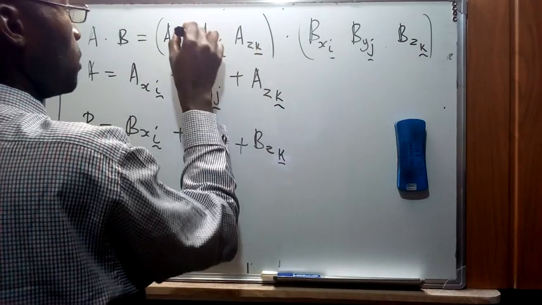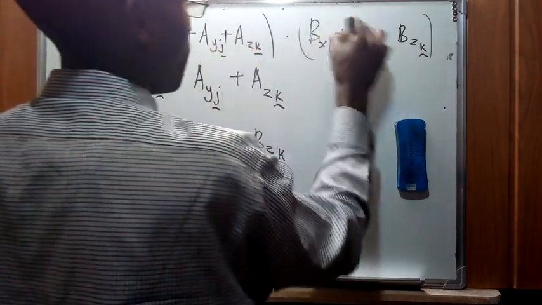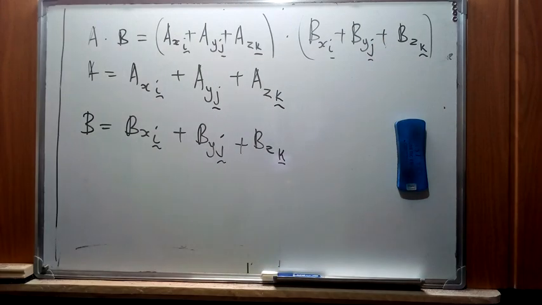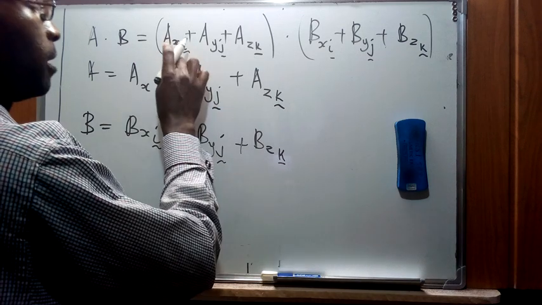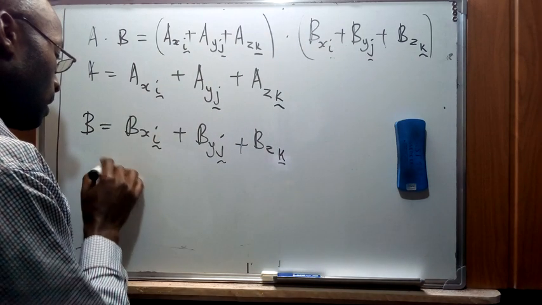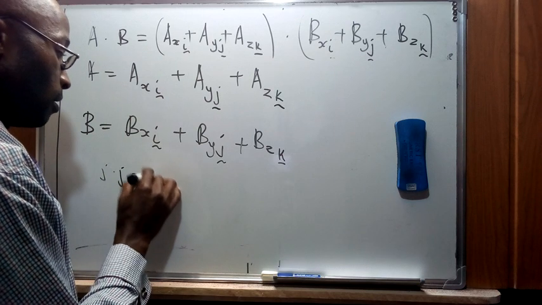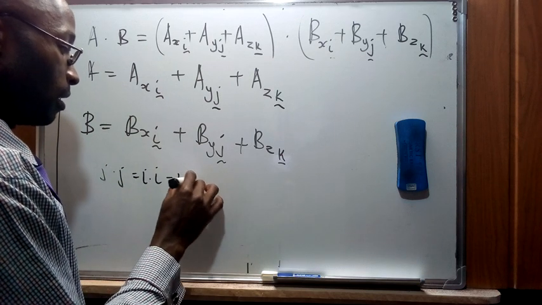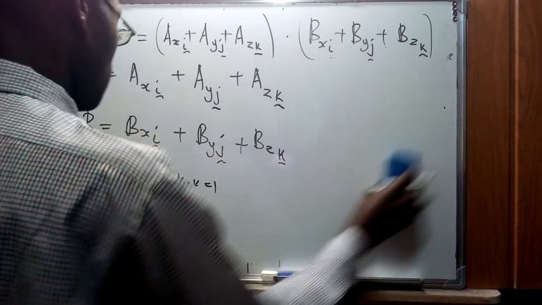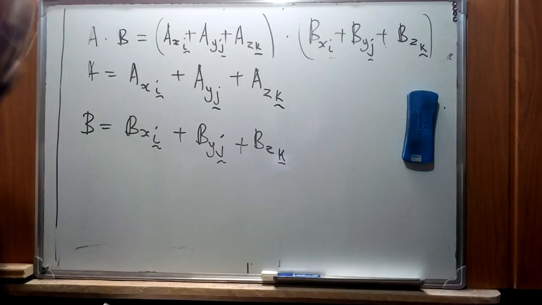Therefore, this is going to be the sum of the A components times the B components for those respective vectors. Now that we have talked about the concept of a unit vector whereby i equals j equals k, which is going to give us 1, those specific components are going to give us the product of 1.